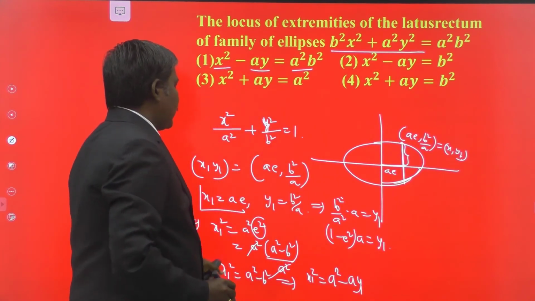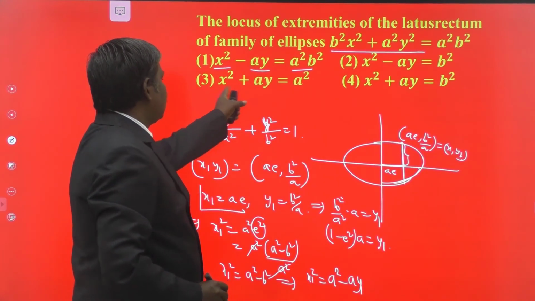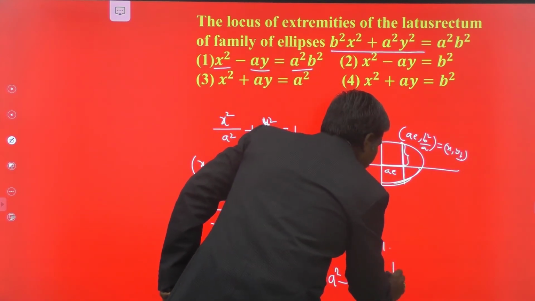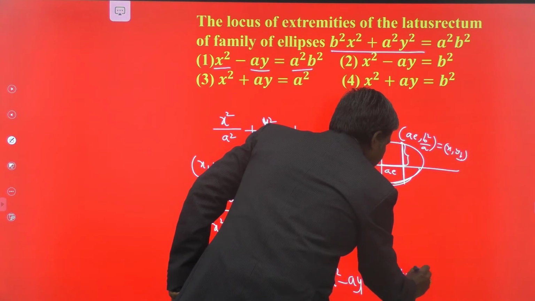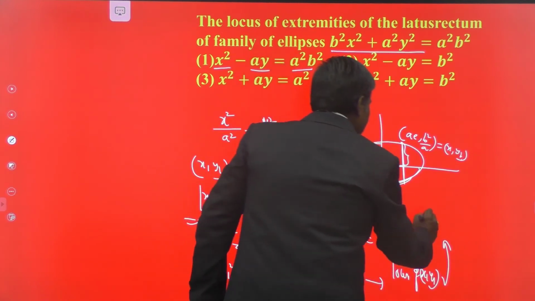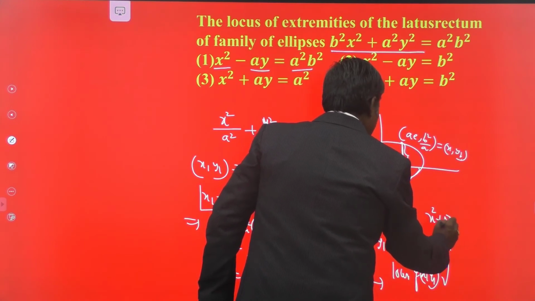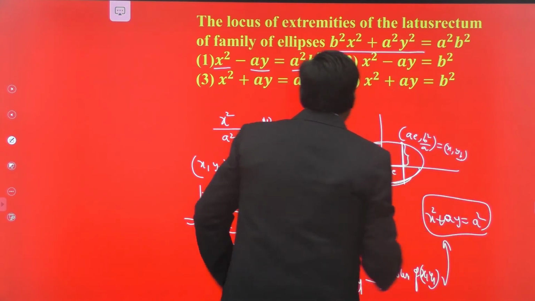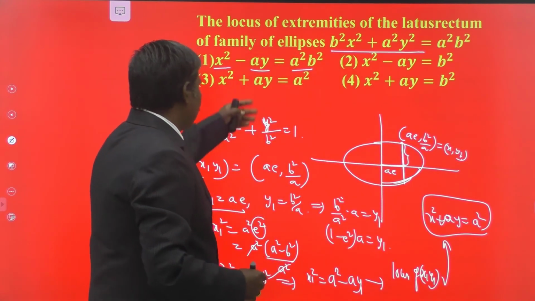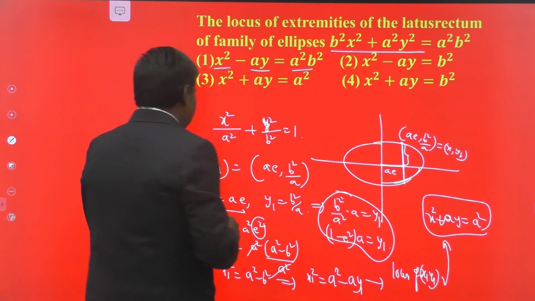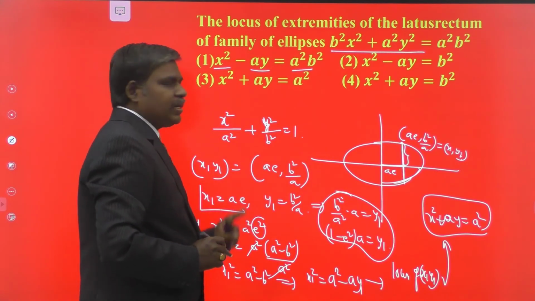So x square plus ay is equal to a square is your locus. Therefore, locus of x1 y1 is x square plus ay is equal to a square. So we are eliminating e. We can use all these formulas. From these equations itself you have to eliminate e square.